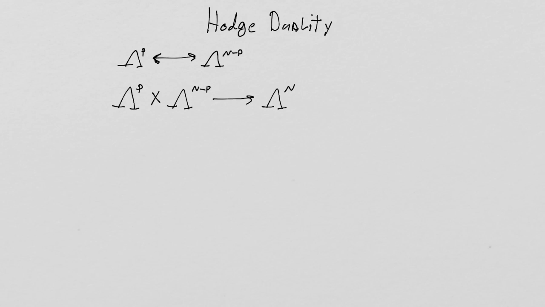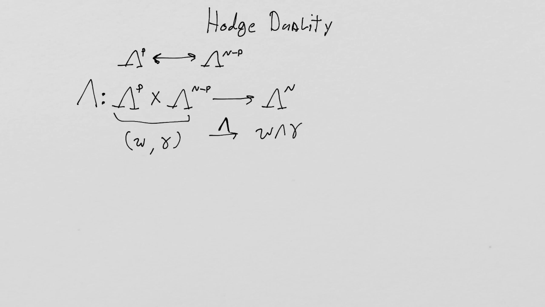So remember, this is essentially a pairing where, say, omega is a p form, and gamma is an n minus p form, and through the wedge product you end up with omega wedge gamma.